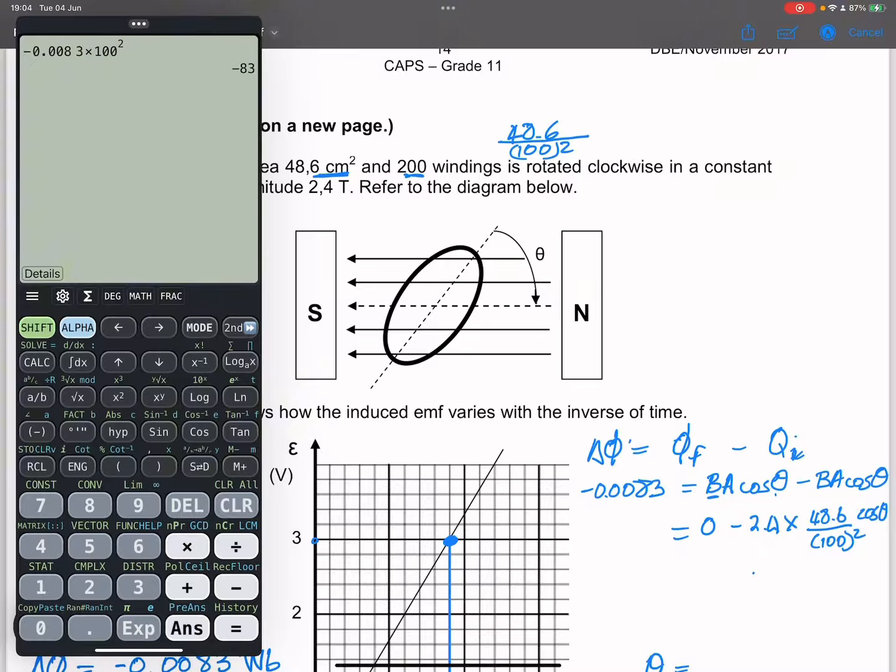Right, and we are going to divide now by that entire thing, which is 2.4 times 48.6. Okay, right, and I forgot the negative there, so I'm supposed to have cos of theta is equal to 0.716 and so on.